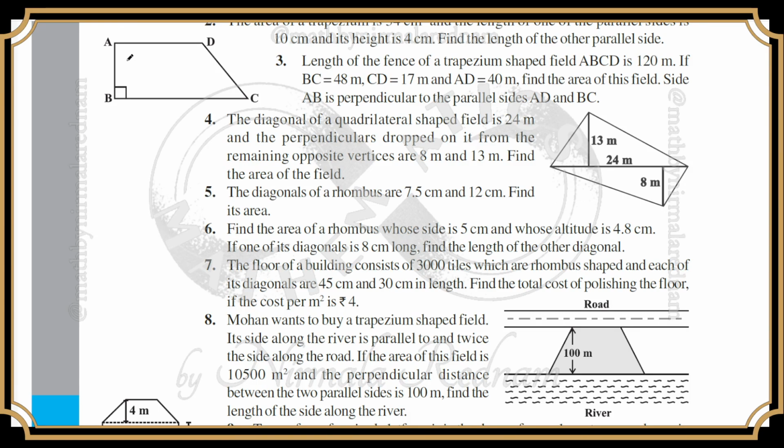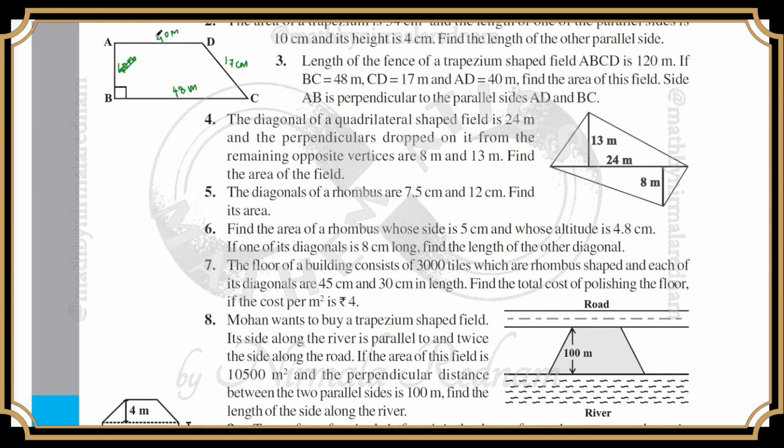AD is 40 meters, BC is 48, CD is 17. AD, BC and CD are given, and I have to find AB.